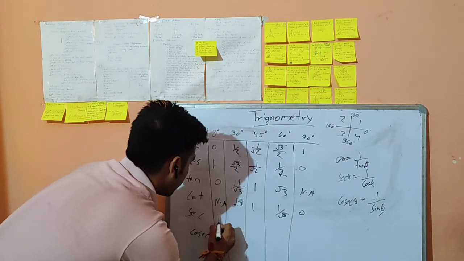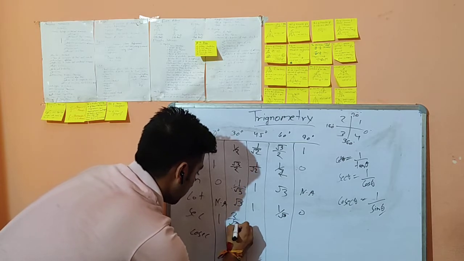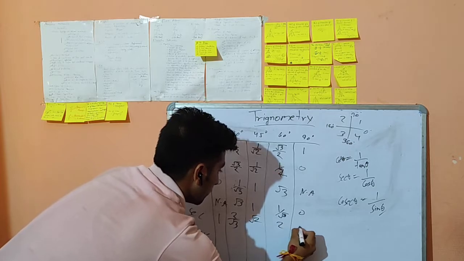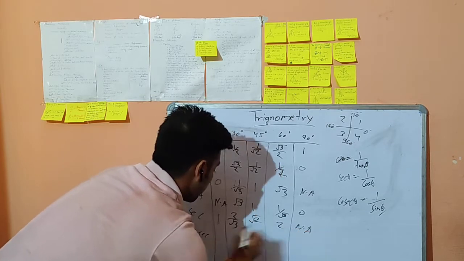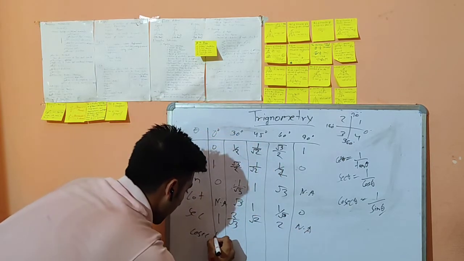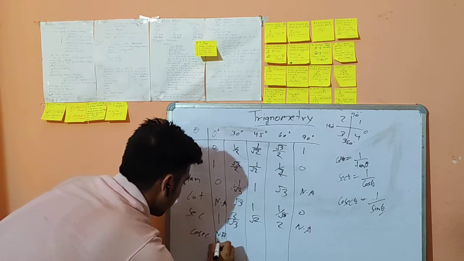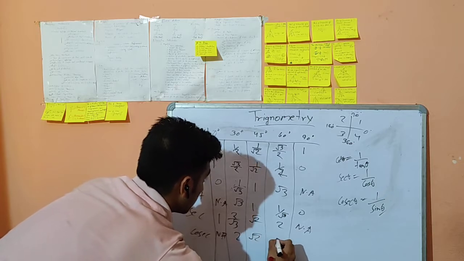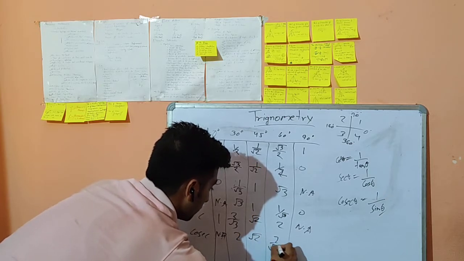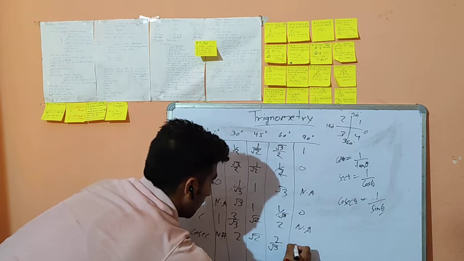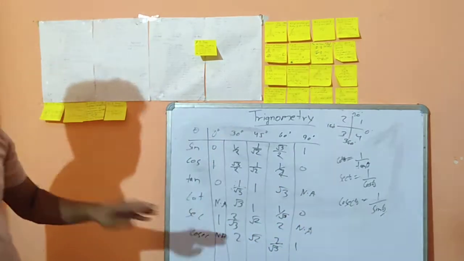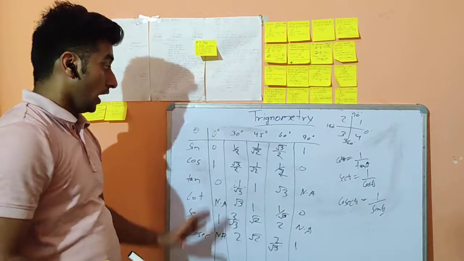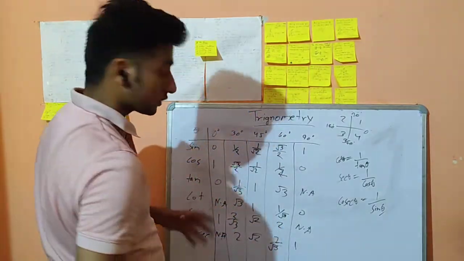It will come 1, 2 by under root 3, root 2, 2, NA. Cosec, NA, 2 under root 2, 2 by under root 3, and this is 1. So these are the trigonometric ratios at different angles.